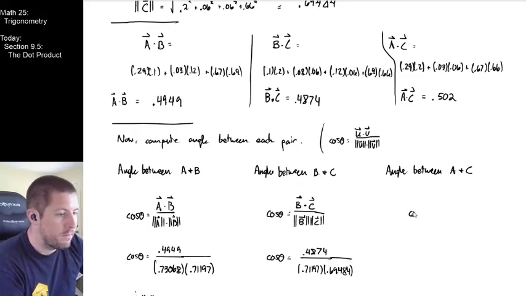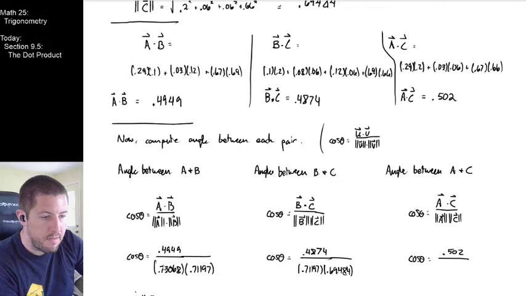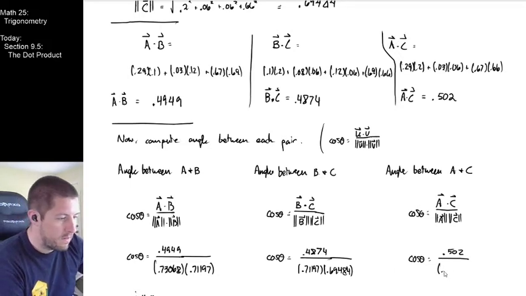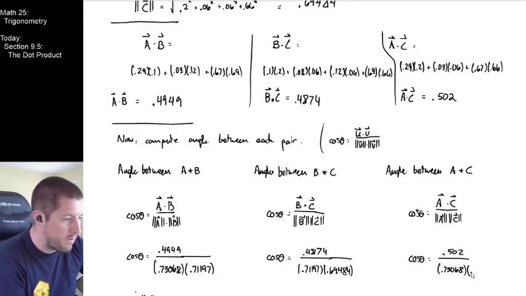And let me just write this one up as well. A dotted with C, we got 0.502. Length of A, copying from this one right here, 0.73068. And C is right here, 0.69484.